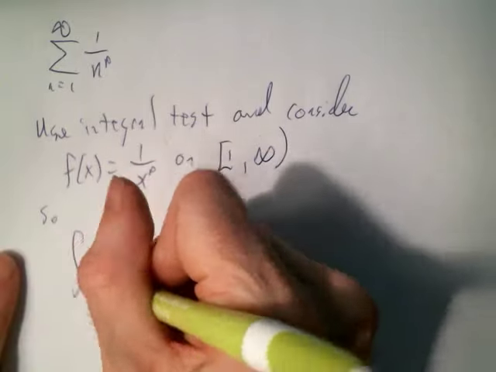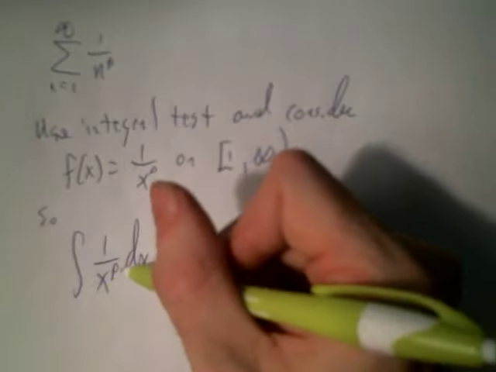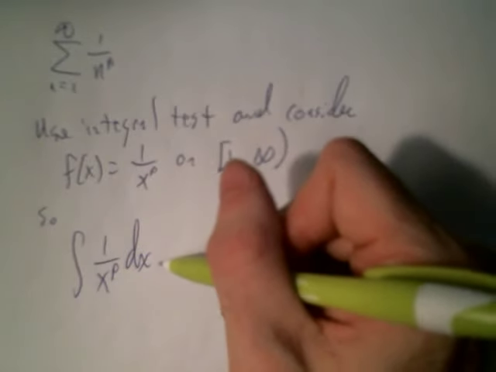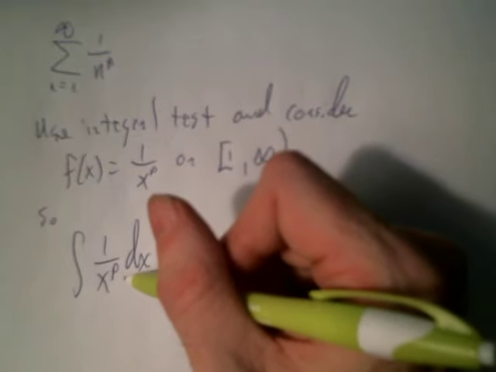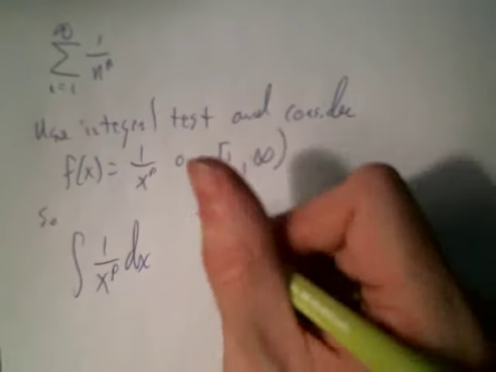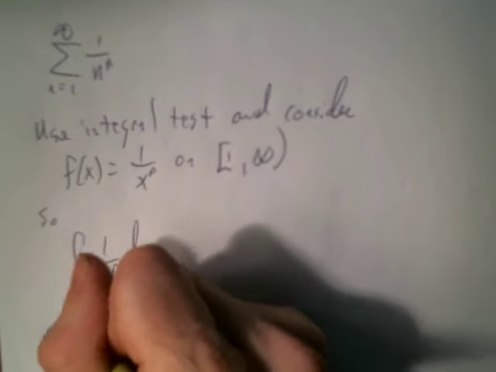There's two types of integrals that can pop out of this. You either do a power rule or you have to do a log. If p is equal to 1, it's a log. So first, we consider the case when p is equal to 1.